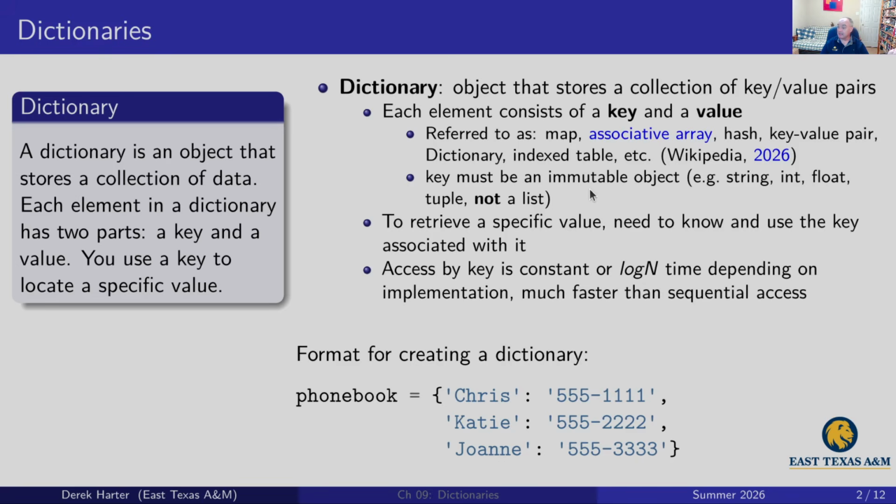So basically, to retrieve a specific value, you need to know and use the key associated with it. Just a little bit behind the scenes, depending on how one of these maps is implemented, it takes pretty much constant time, or at most logarithmic time, which is still very fast, to read out a value if you access it by the key.